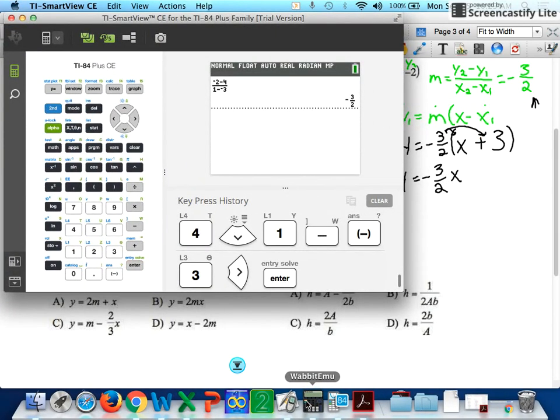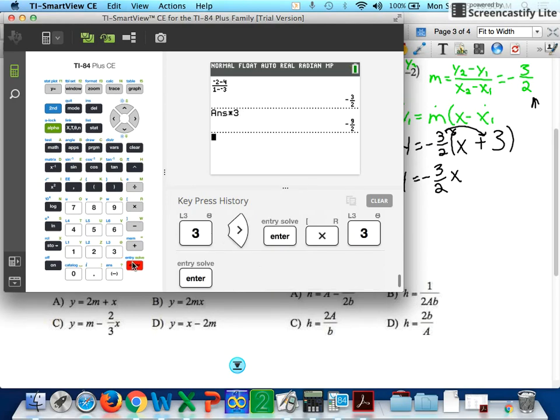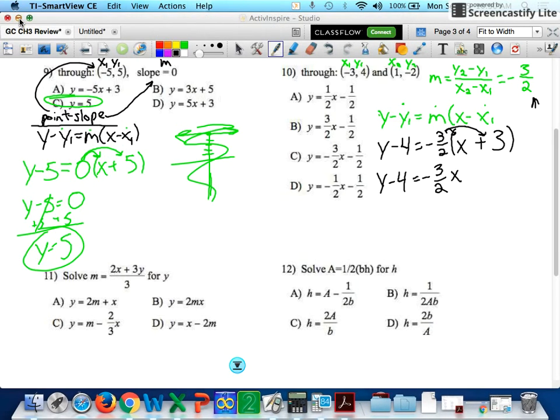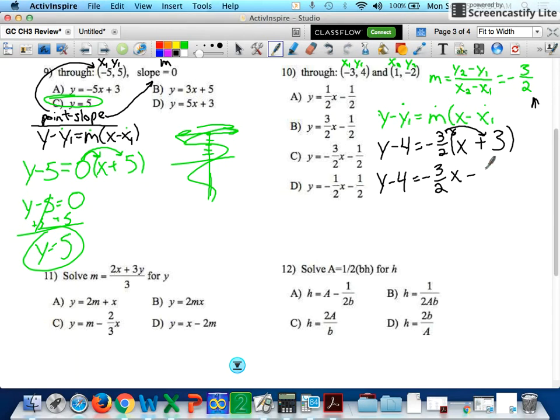So if I just type in an operation like multiply, my calculator says, hey, I'm assuming you want to multiply that last answer by -3/2. And that is what I want, or by 3. And that is what I want to do, because look, -3/2 times 3. So all I'm doing is multiplying by 3. If you don't like that, you can just type in the fraction again, okay? Not a big deal. Press enter and I get -9/2. You're like, all right, let the calculator do the hard part, get -9/2.